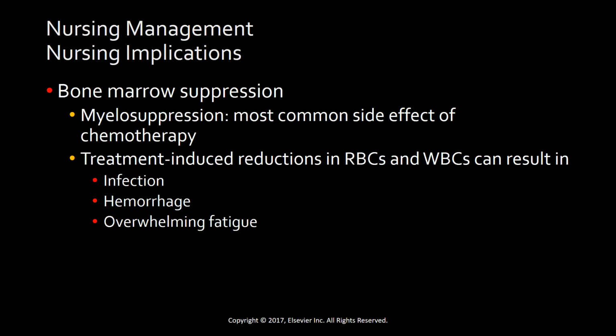So discussing bone marrow suppression. So myelosuppression is one of the most common effects of chemotherapy, but not so much radiation therapy. So what is myelosuppression? This is where the bone marrow activity is decreased, okay, resulting in lower red blood cells, white blood cells, and platelets, okay?